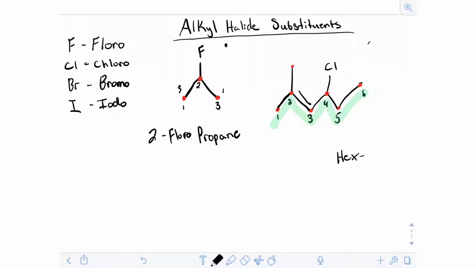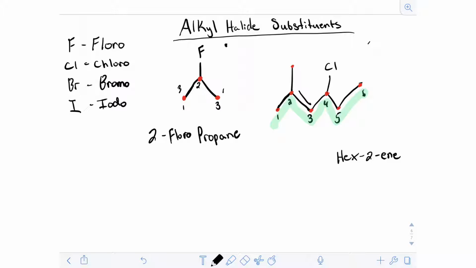And then as you can see, that double bond there, remember you're always going to want to give the double bond the lowest number, or the triple bond the lowest number on the chain, no matter what, even if there's closer methyl or ethyl or fluoro, chloro groups ahead in the chain. So we know that's a 2 on the double bond, so we'll get hex-2-ene.